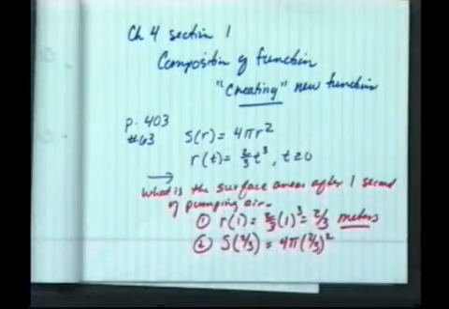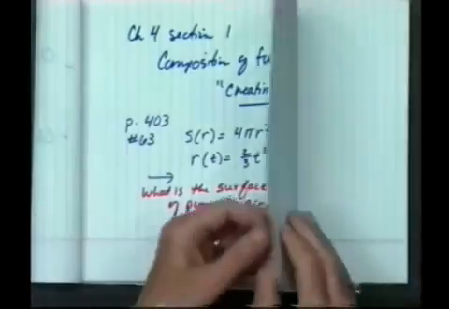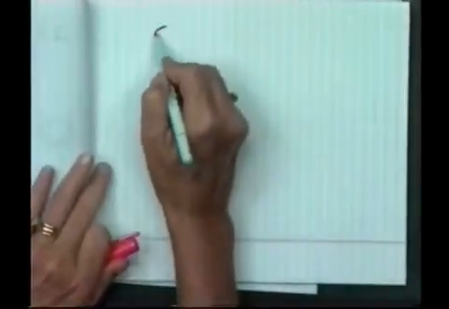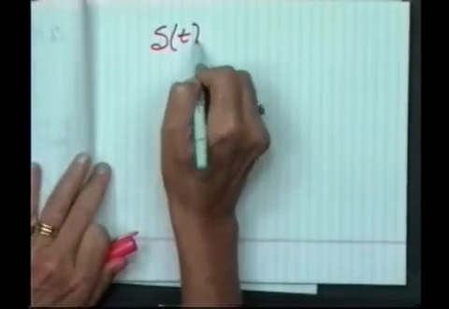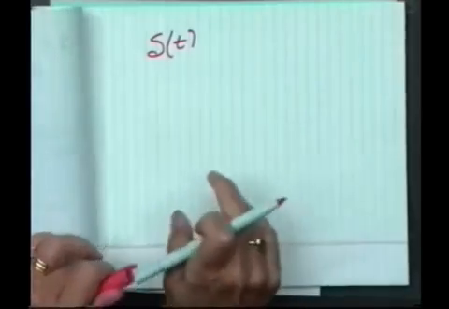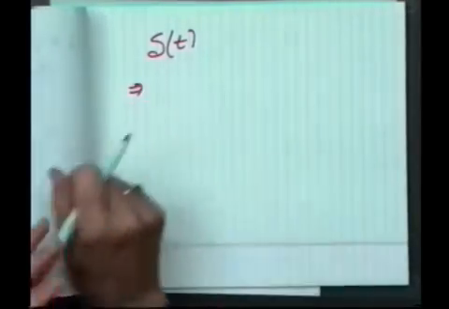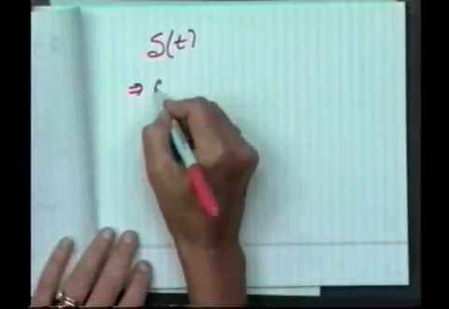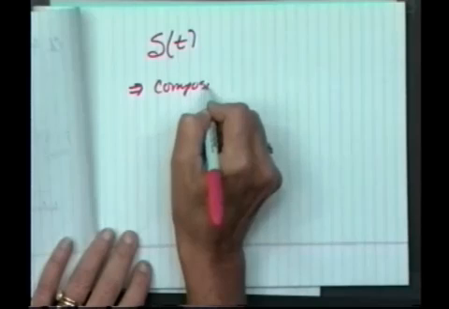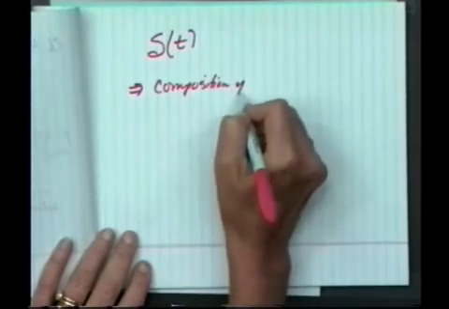The problem on page 63 is asking me to come up with the surface area in terms of t instead of R. So we want just a general function, and we're going to do what is called a composition of functions.